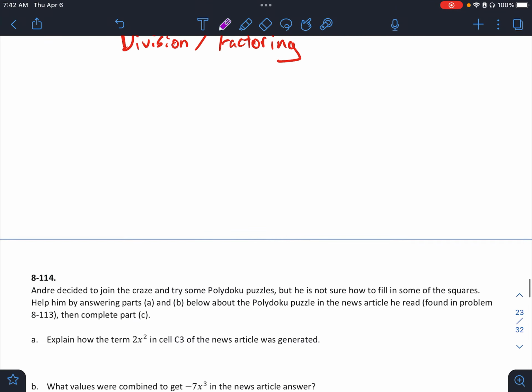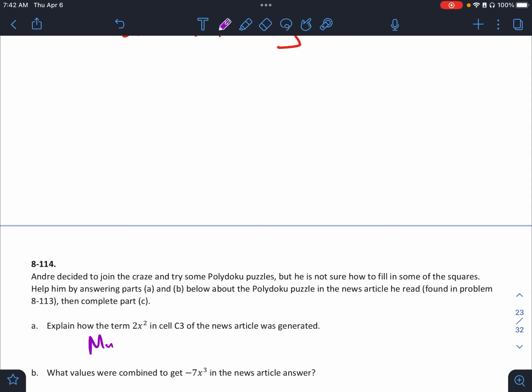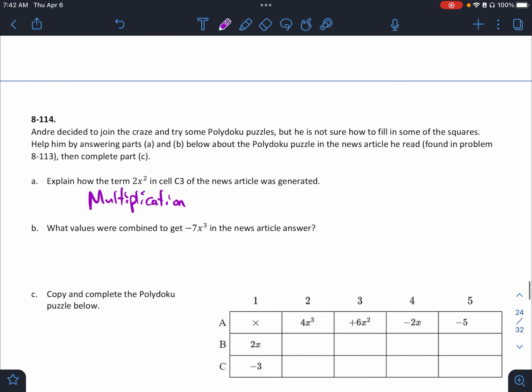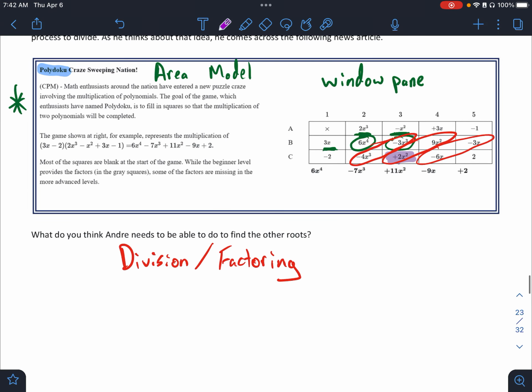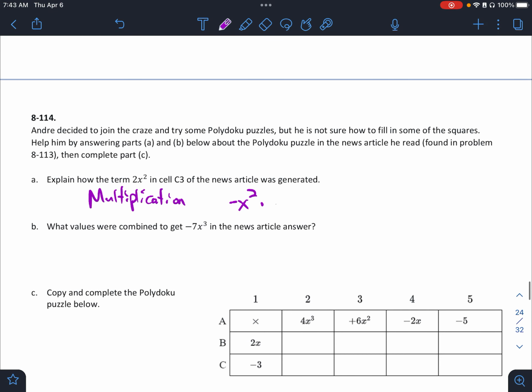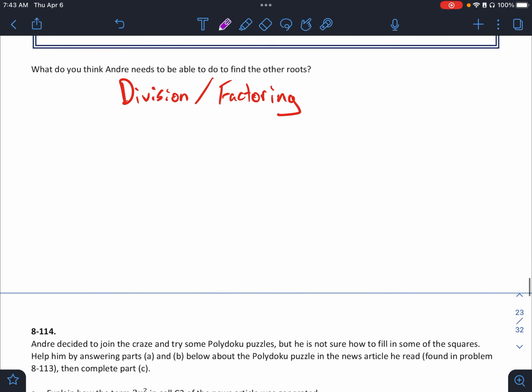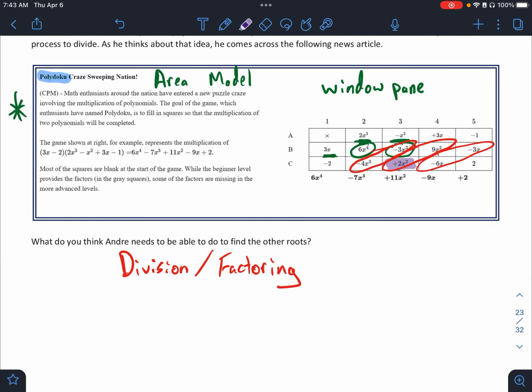So this 2x squared, how are we getting that? Well, this is the multiplication of, we look here, negative x squared times the negative 2 gets me positive 2x squared. Switching gears here a little bit, it says, how do we get, I'll switch here to blue, this negative 7x to the third?